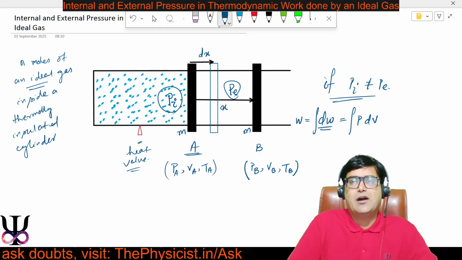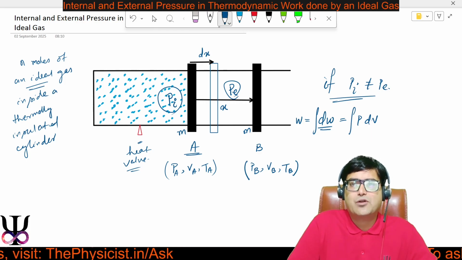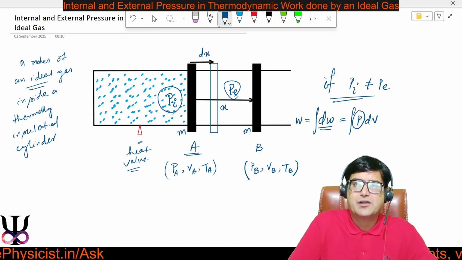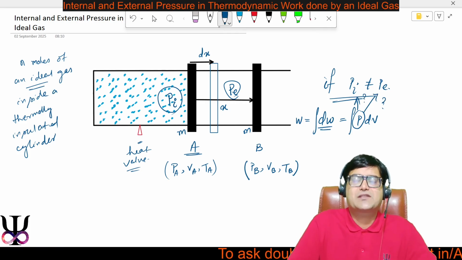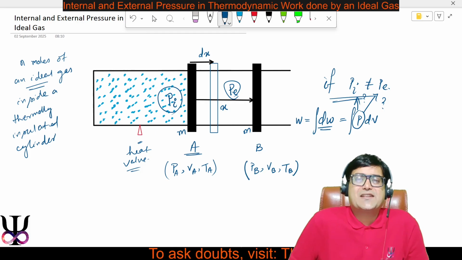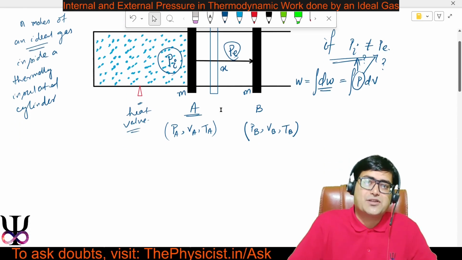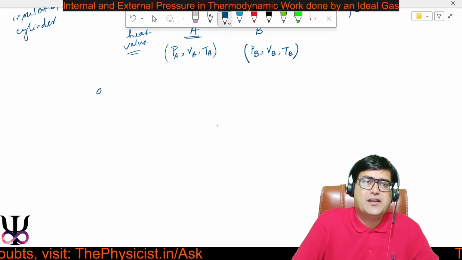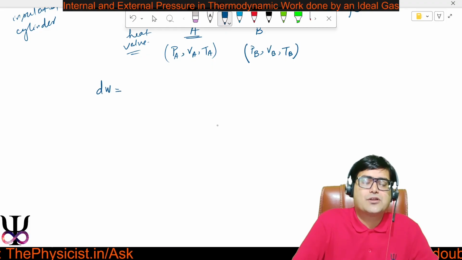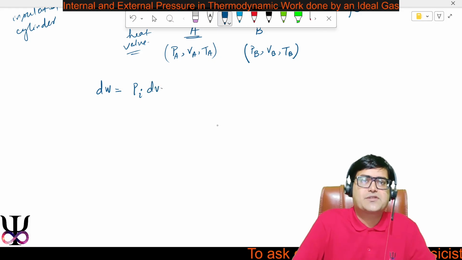Now, when we talk about this pressure here, is it internal pressure or external pressure? That's the question. So let me make it very, very clear to you. Imagine if I define dW equals Pi, the internal pressure, times dV.